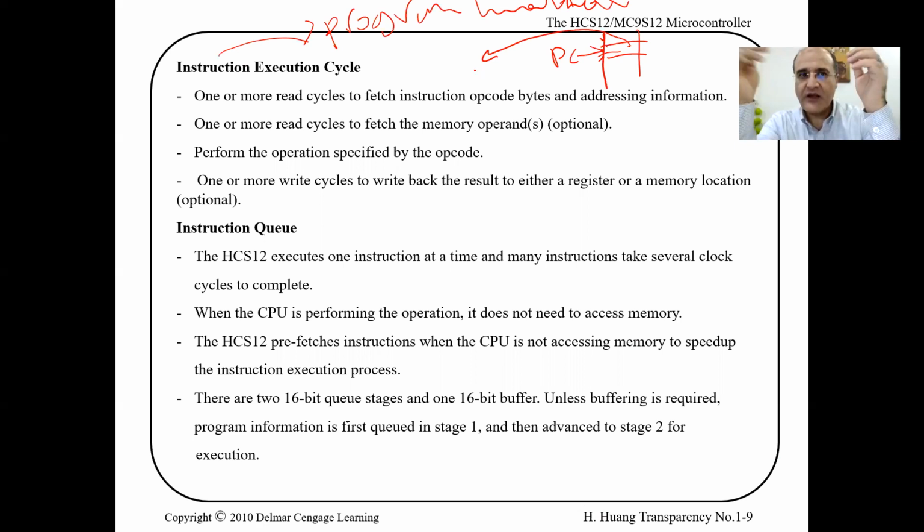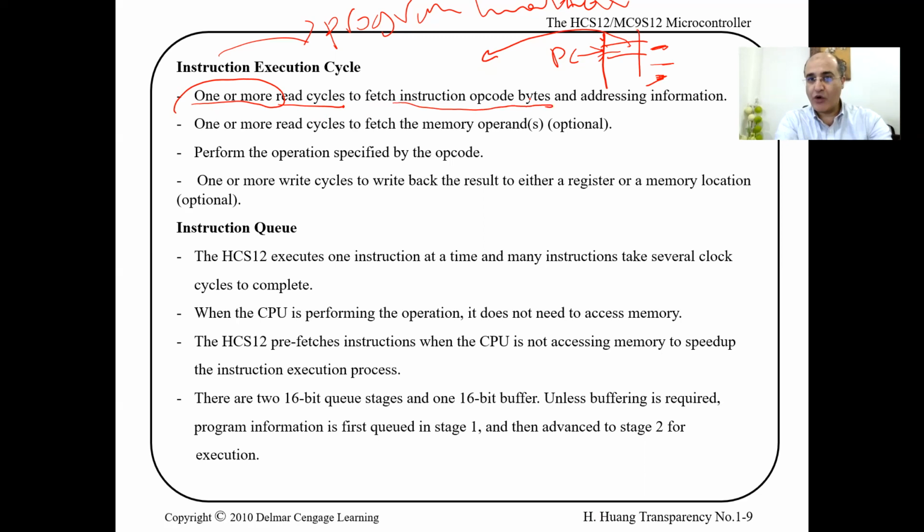Okay. Now, an instruction cycle could take one or more read cycles. Why one or more read cycles? Because the instruction could be 1 byte or 2 bytes, right? And the operand could be 1, 2, or 3 up to 5 bytes, right? We saw this. So you have one or more read cycles to fetch the instruction opcode and addressing information.